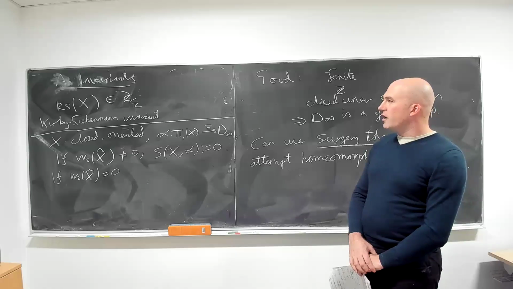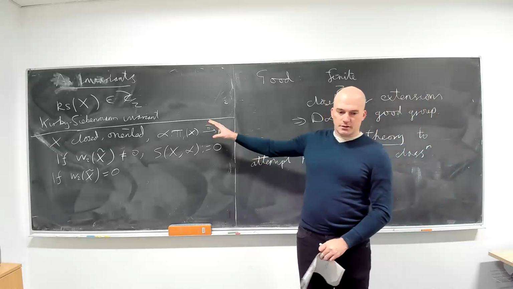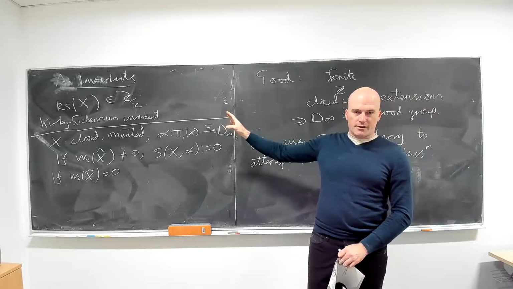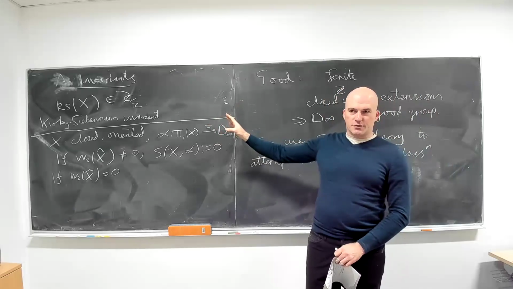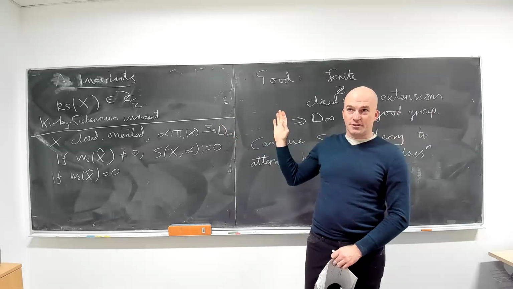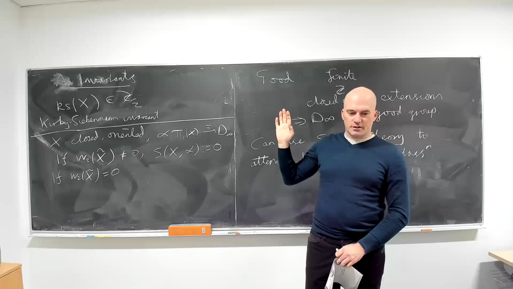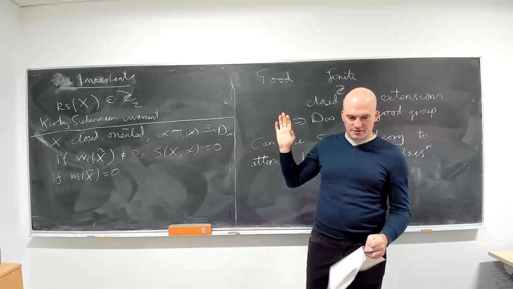For that, I need to define invariants. The homeomorphism classification is going to be in terms of the invariants that I'm describing now. So I need to define the invariants, and then I'll be able to formulate the result in terms of them. I could write the result before I've defined them, I suppose, but it just seemed perverse to me.